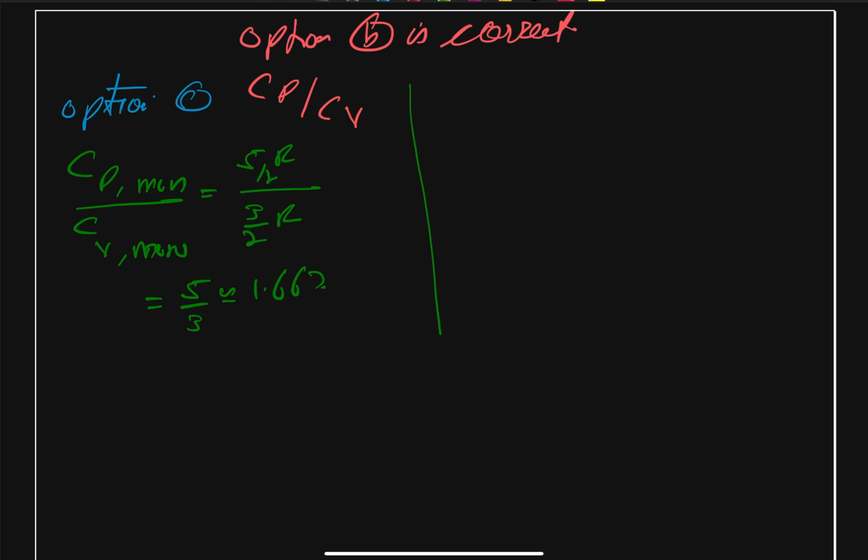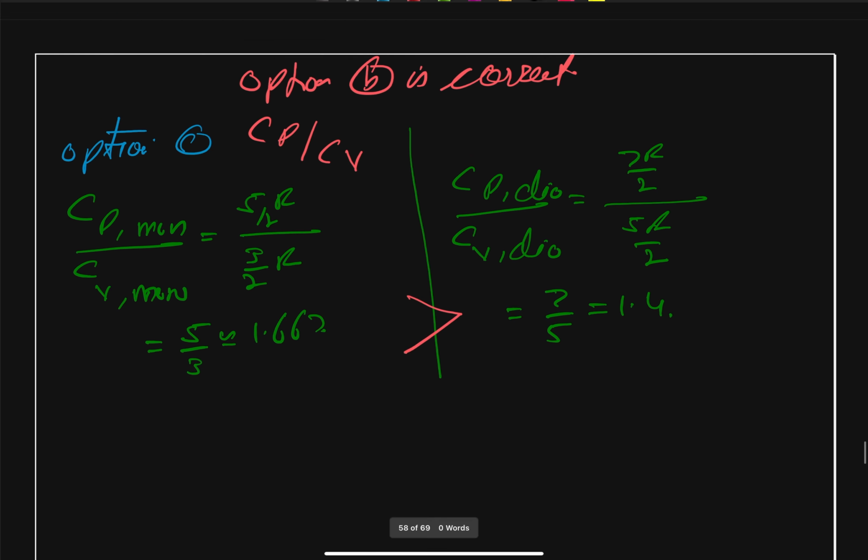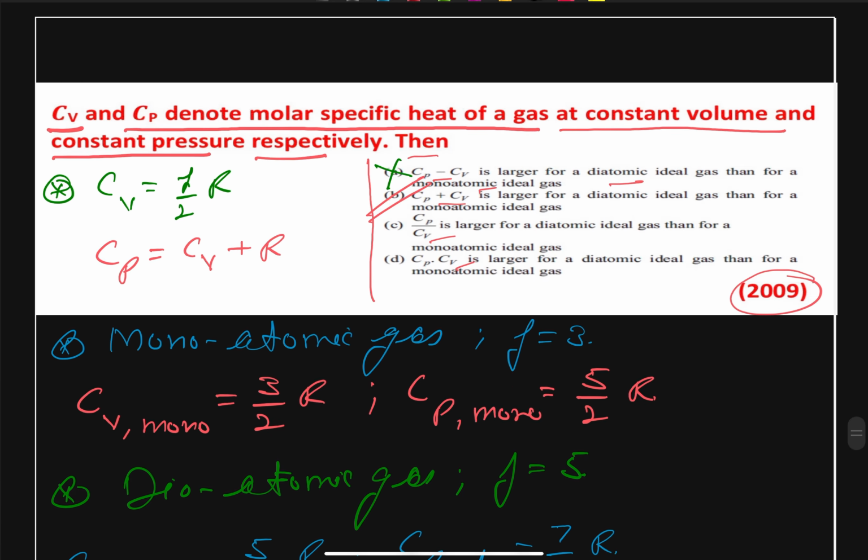And then Cp of diatomic over Cv of diatomic, 7R/2 over 5R/2, which is 7/5, equal to 1.4. Therefore we can say that mono is greater, so this option is incorrect because it says diatomic is greater.